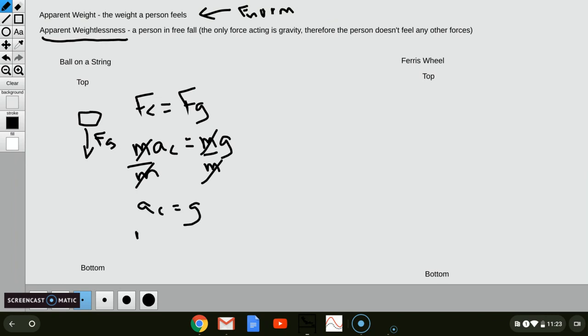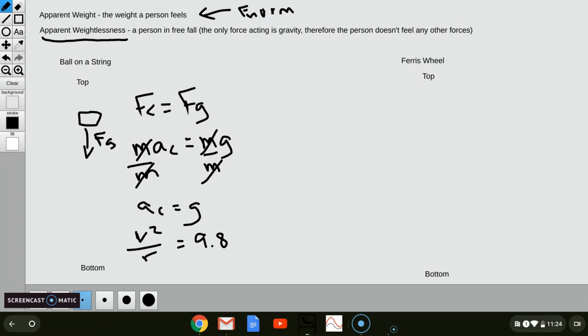Now, that means that V squared over R equals 9.8. All we have to do now is figure out how fast we're going or how big the circle is. And we can actually create weightlessness for any object. This is why on a really good roller coaster, there are times when you feel like you are floating in your chair.